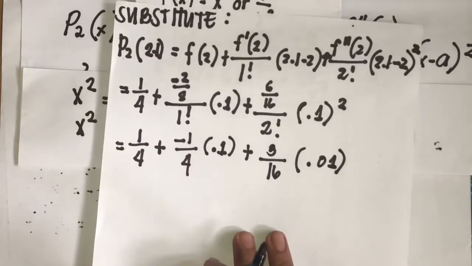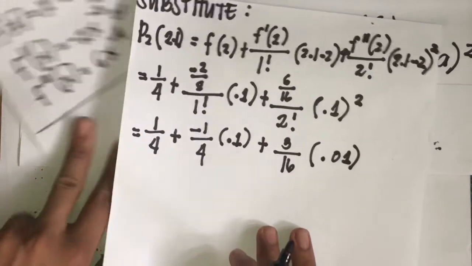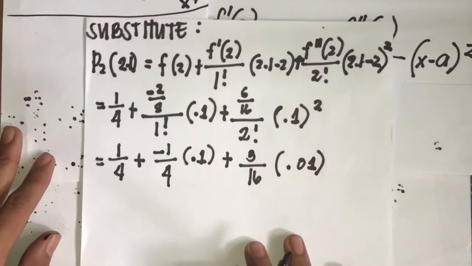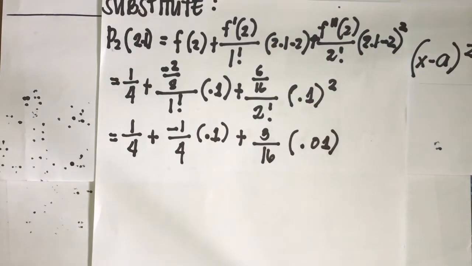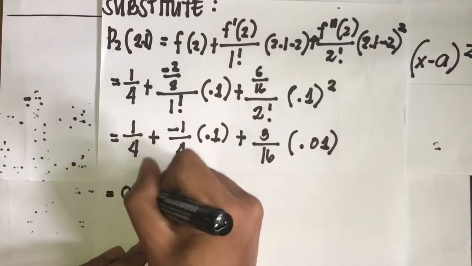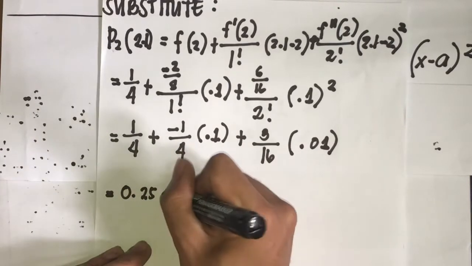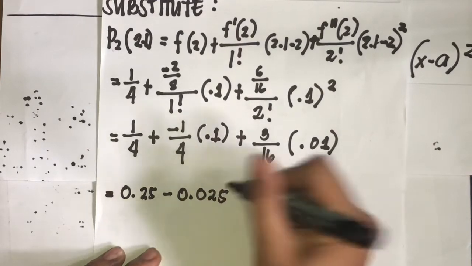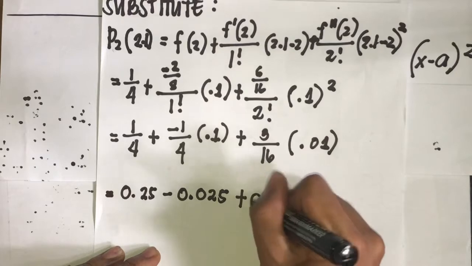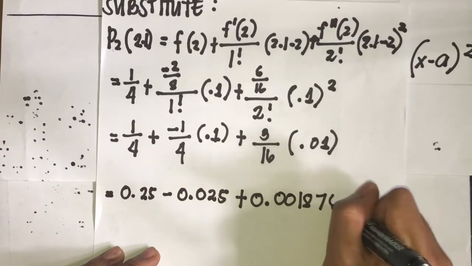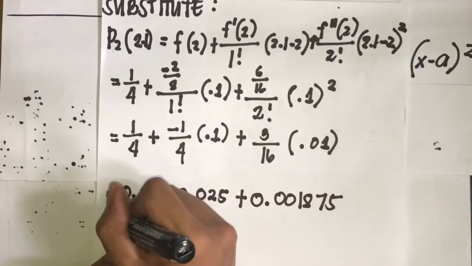Okay, next, let's further simplify this one. It would actually be best if we convert this into decimal points. That's going to be 0.25 minus 0.025 plus 0.001875.